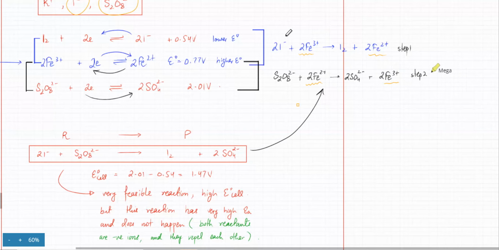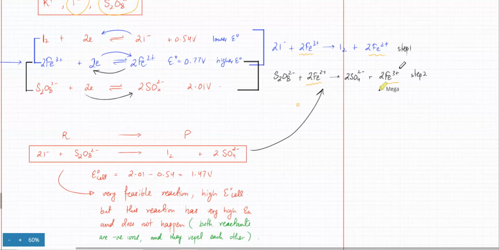And in the second step, S2O8 gets converted into SO4 2 minus, so you get the other product as well. So it's basically the same reaction broken down into 2 steps. And the ions don't undergo any change overall. You start off with iron 3 ions and you end up with iron 3 ions back again.